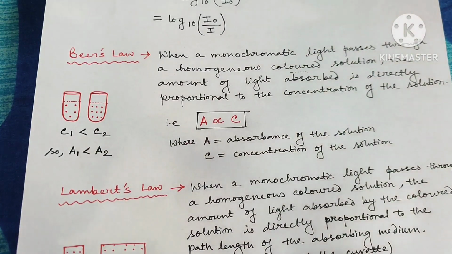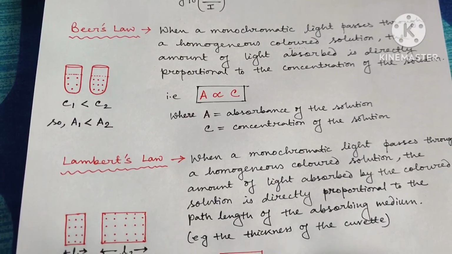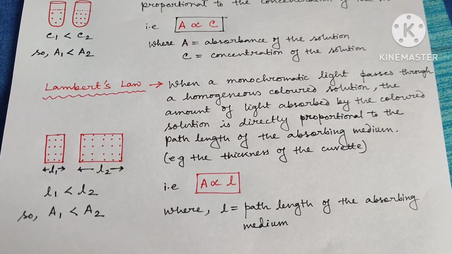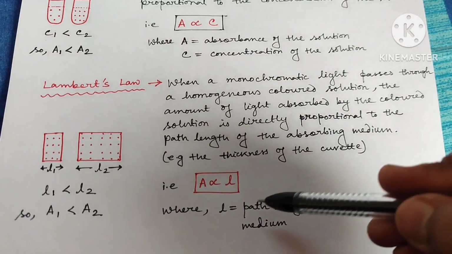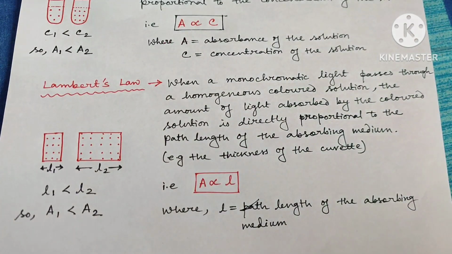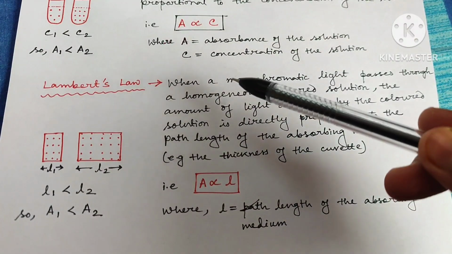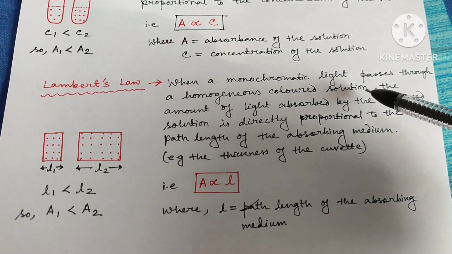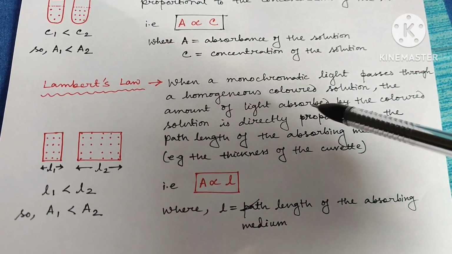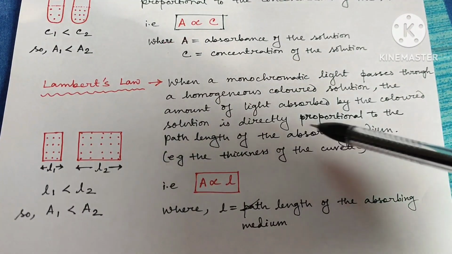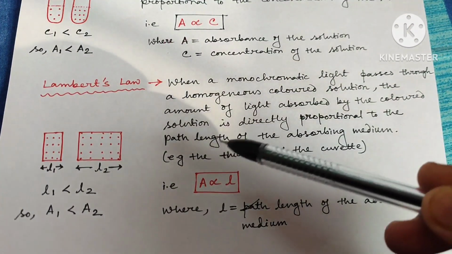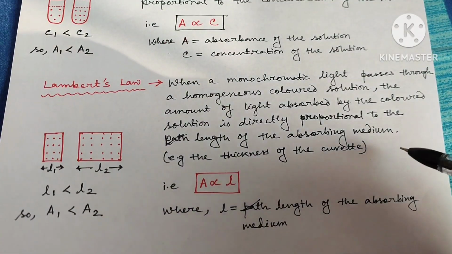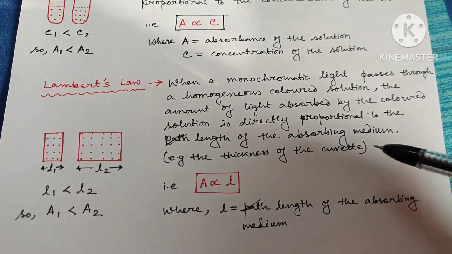Got it? Now coming to Lambert's Law. Lambert's Law is a function of the length of the absorbing medium or the path length travelled by the light. It says that when any monochromatic light passes through a homogeneous colored solution, the amount of light absorbed by the solution will be directly proportional to the length of the absorbing medium or the path length of your light travelled.